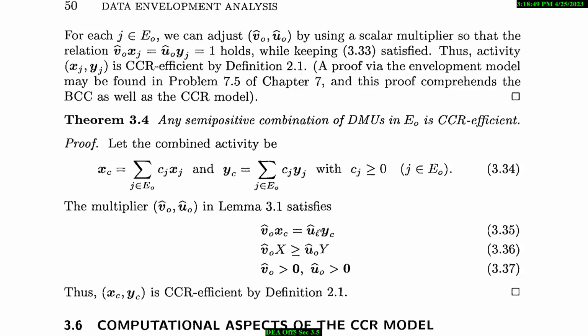Indeed, by dividing this by this, we can find an optimal solution for the CCR model which evaluates X C and Y C with objective function of 1 and positive weights. So it shows that this DMU is CCR efficient.